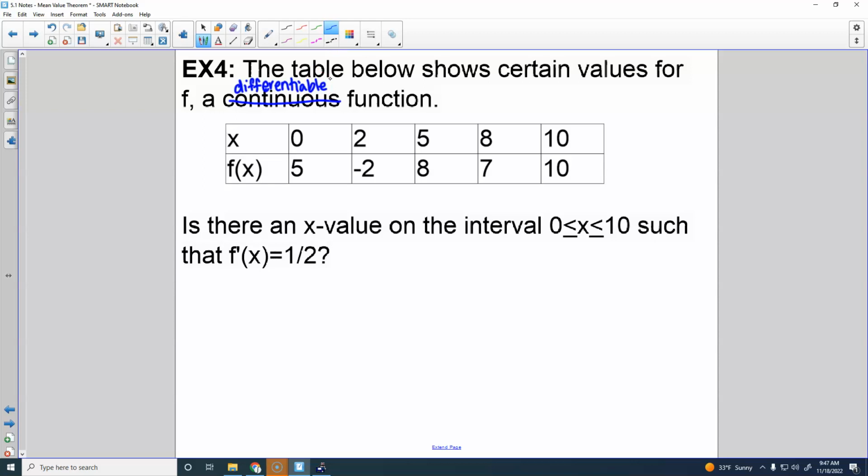So if we have this and it's asking us, is there a value? It's not asking us what the value is, but it's asking us if there is a value.